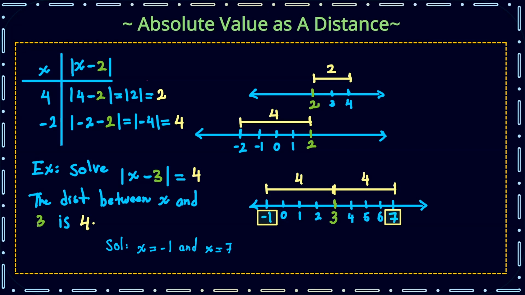I want to finish with one more example, which could be a little bit tricky. Absolute value can't be negative. Notice that inside the absolute value, we have x plus 5. And you can't directly interpret that as a distance. What you need to do first is rewrite this so it is consistent with the definition.